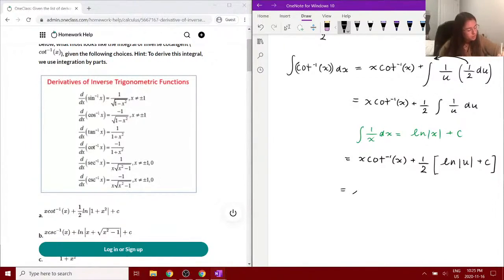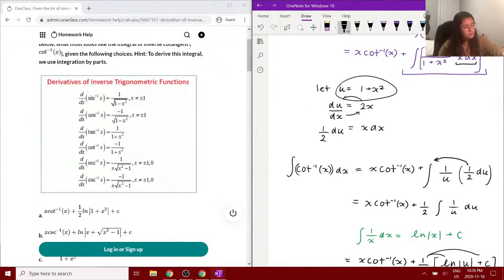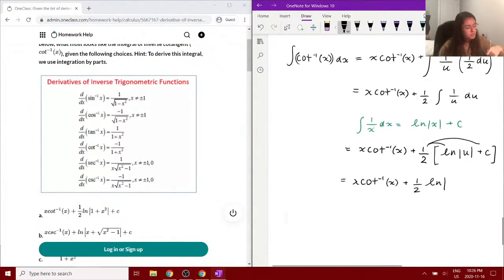And so we have x inverse cotangent x plus, distributing the 1/2, we have 1/2 ln, and instead of u, remember what we did before, we let u equal 1 plus x squared.